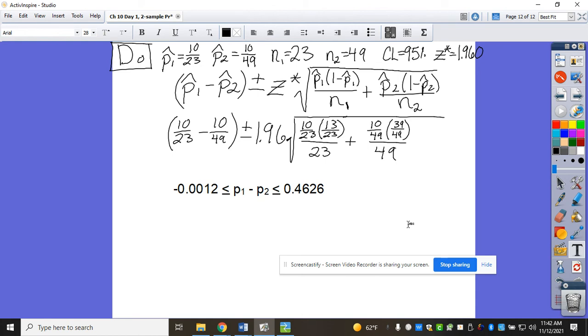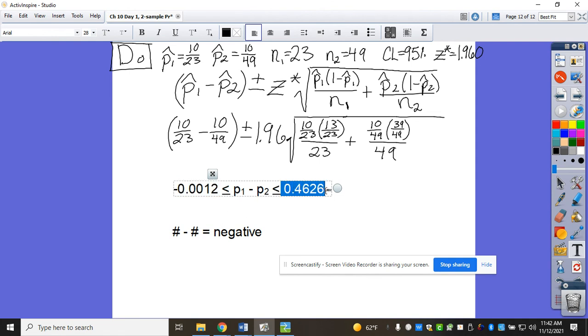If I am finding the difference in proportions, what would it mean if I get a negative number? That means the second one is bigger. So this side over here means there is a chance that the proportion of white in the second one is higher.